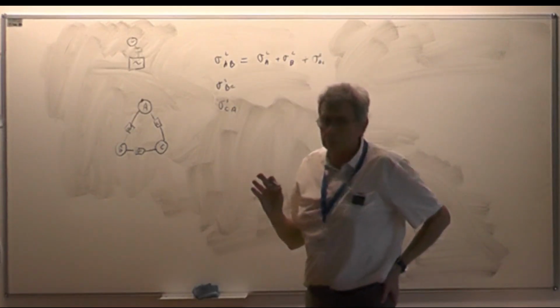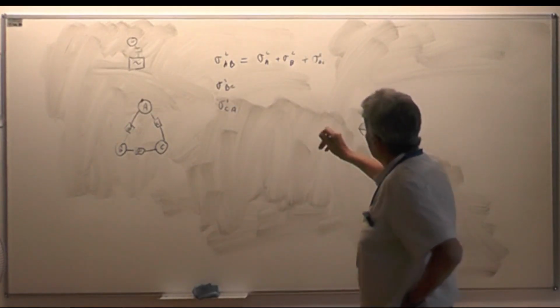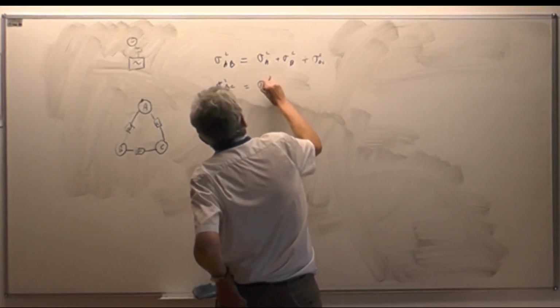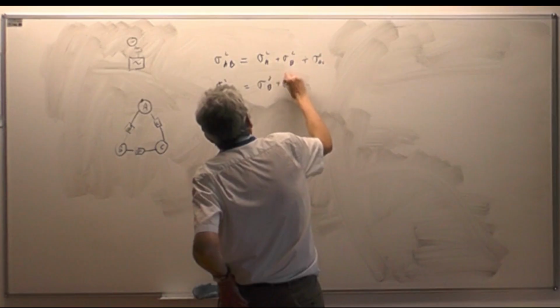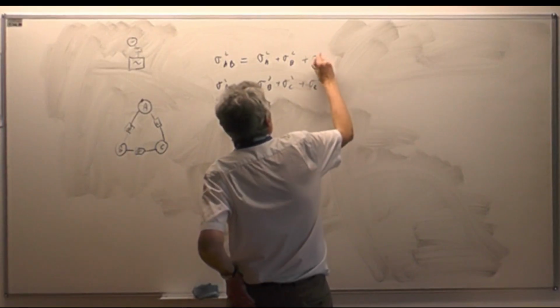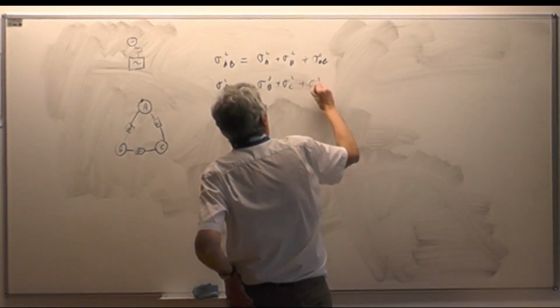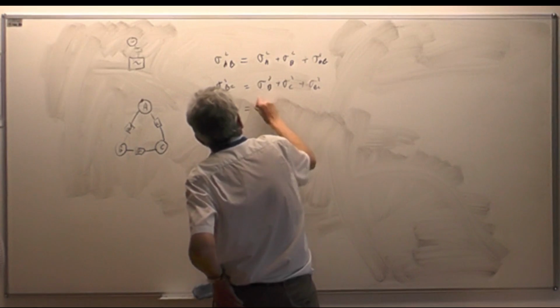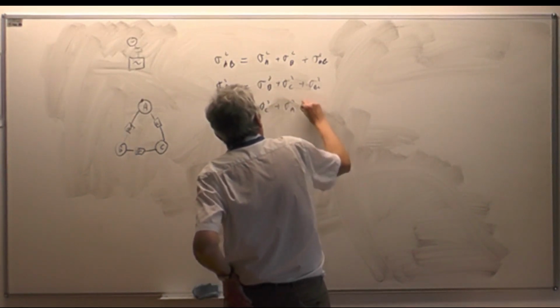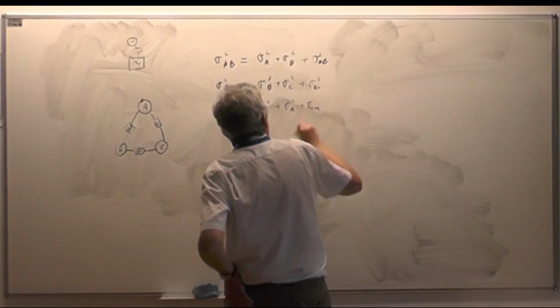Okay? You can do the same thing with the sigma square B plus sigma square C plus sigma square BC. BC, and here sigma square C plus sigma square A plus sigma square CA.